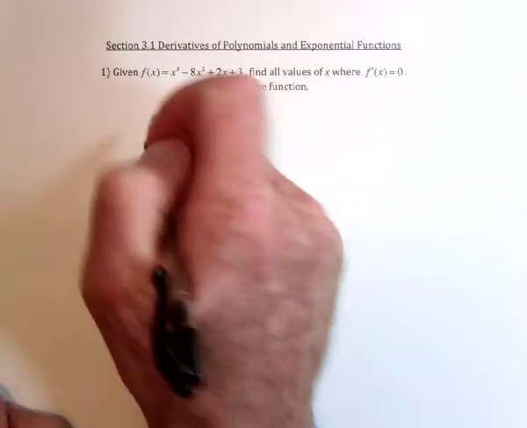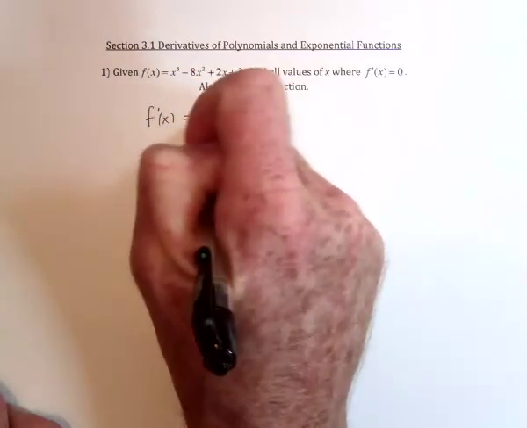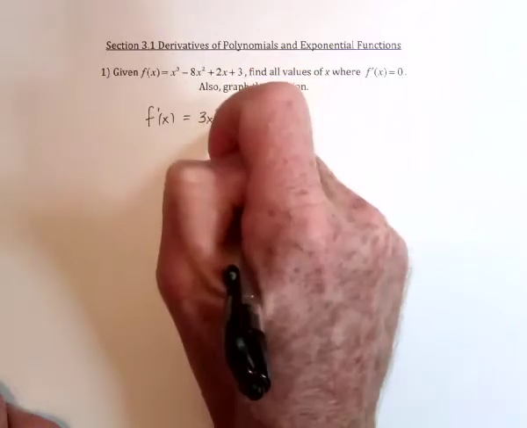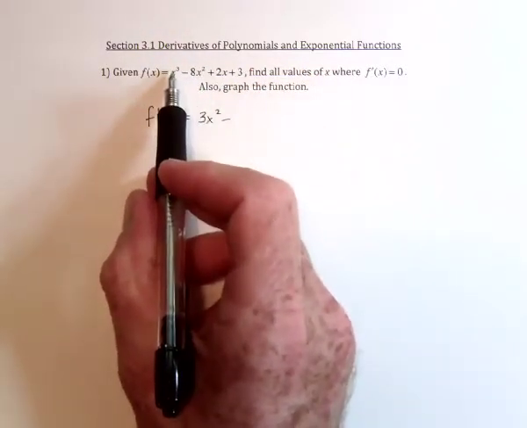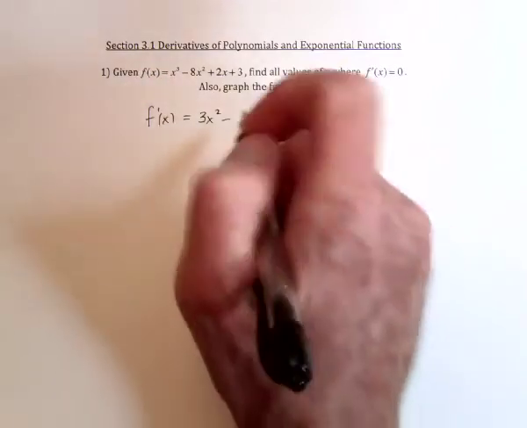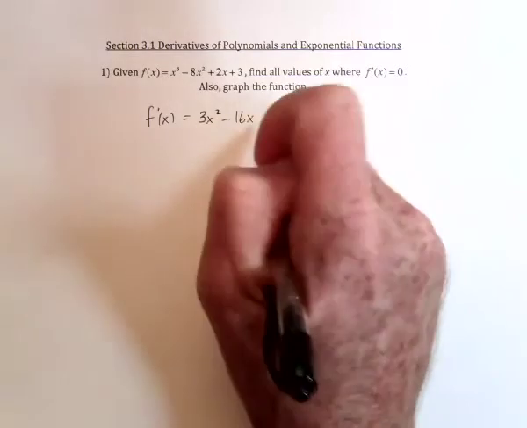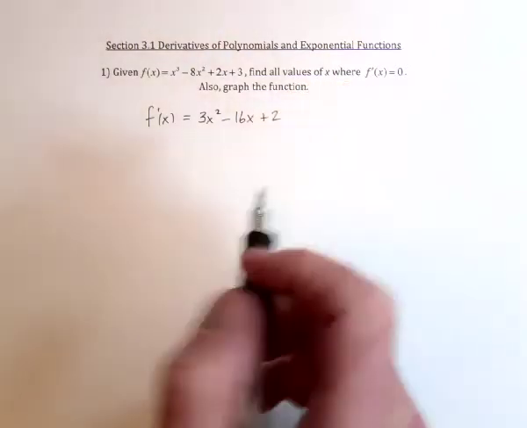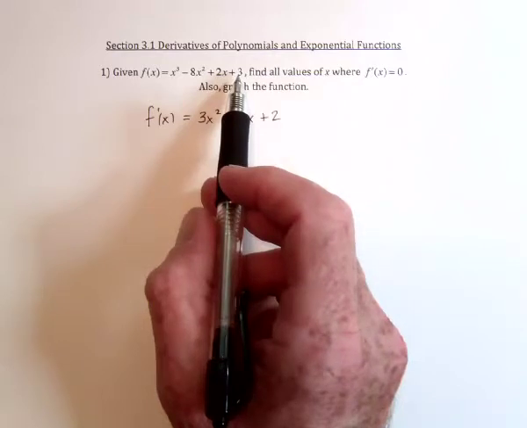First of all, take the derivative. So the derivative is going to be 3x squared. Bring the exponent down and multiply, and then subtract 1 from the exponent. Next is going to be 16x plus 2, and the derivative of a constant is always 0.